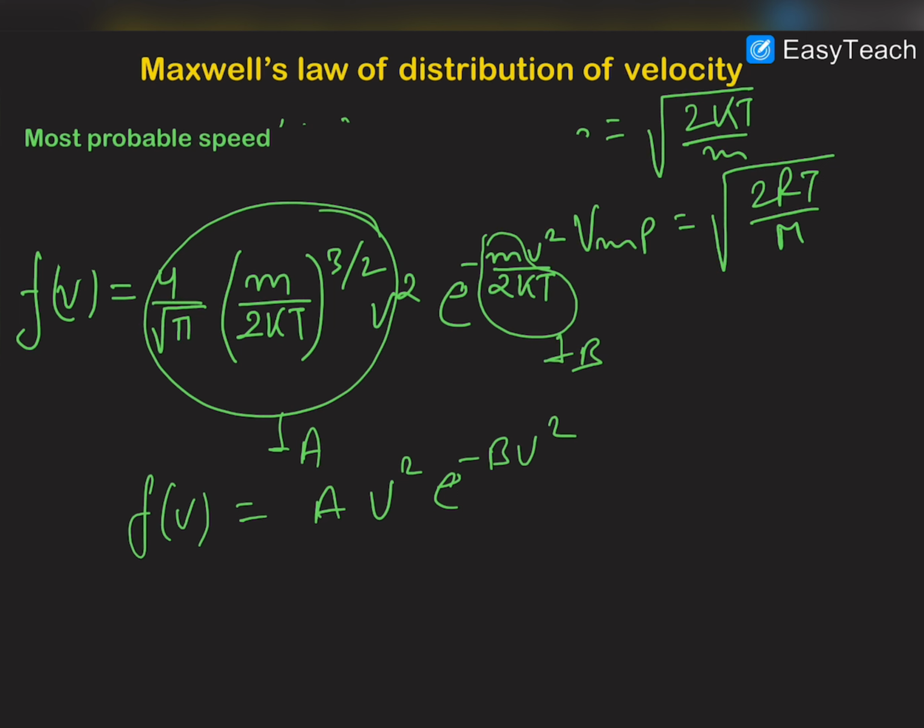This is the probability density function. And now we know that to find the most probable speed, obviously the most probable speed is the speed with which most number of molecules are moving.